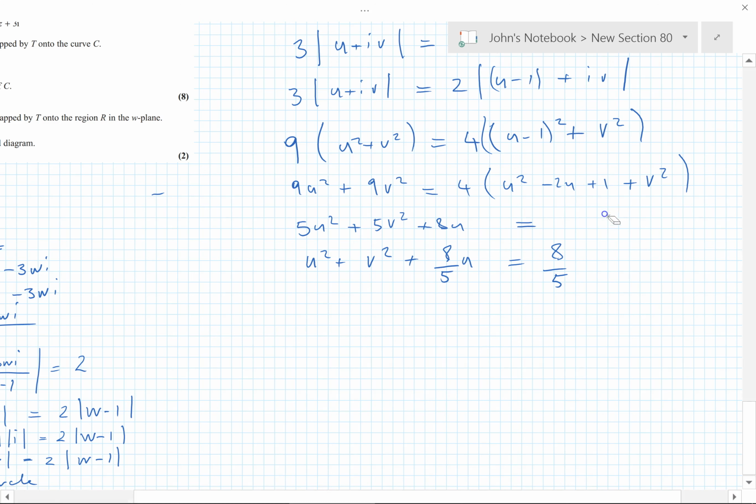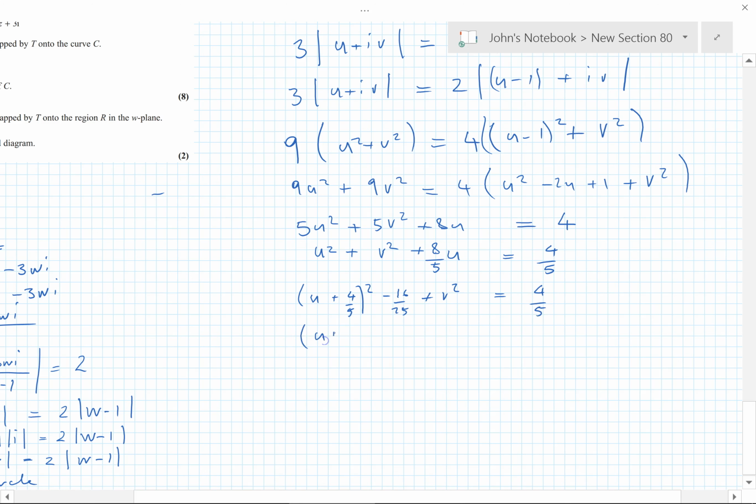It should be 4 here. So completing the square for the u, I'm going to get u plus 4 over 5 squared minus 16 over 25 plus v squared is equal to 4 over 5.